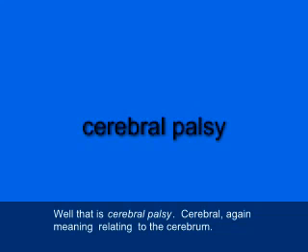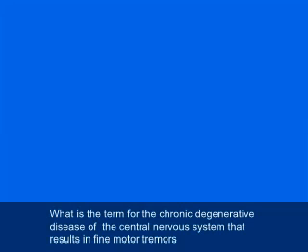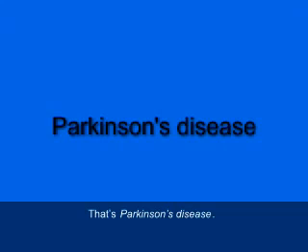Cerebral, again, meaning relating to the cerebrum. What is the term for a chronic degenerative disease of the central nervous system that results in fine motor tremors or a shuffling gait? That's Parkinson's disease. P-A-R-K-I-N-S-O-N-'S.